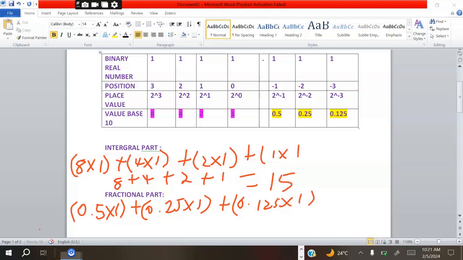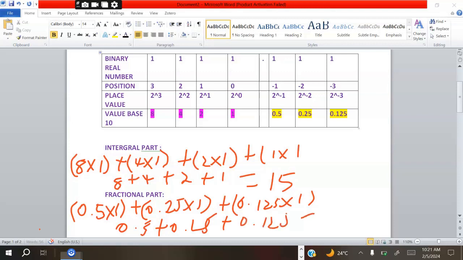This is supposed to give us 0.5 plus 0.25 plus 0.125.